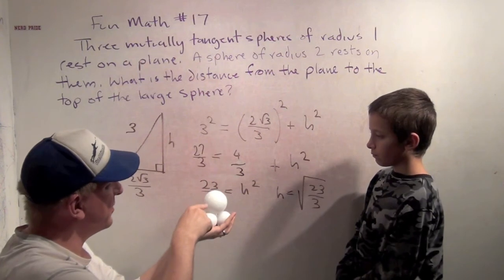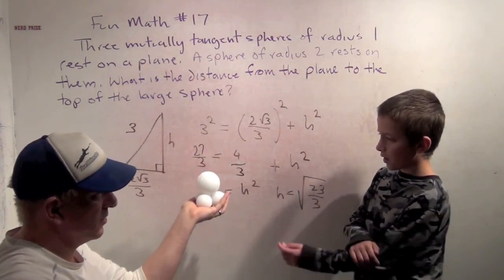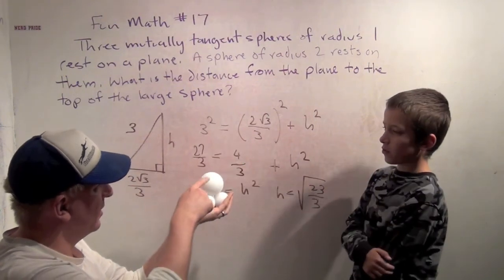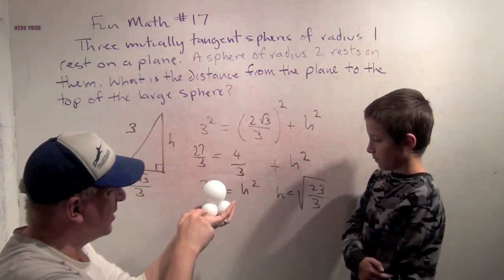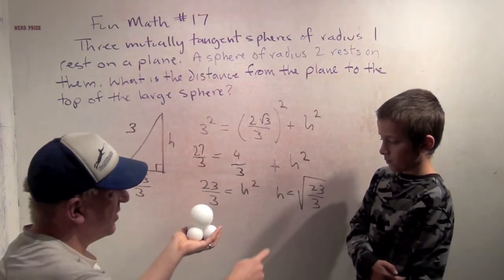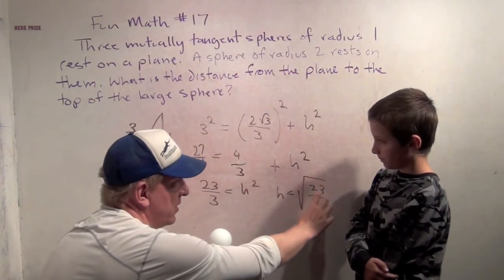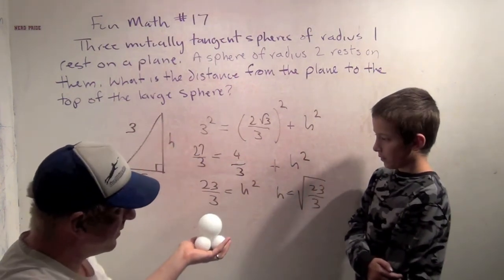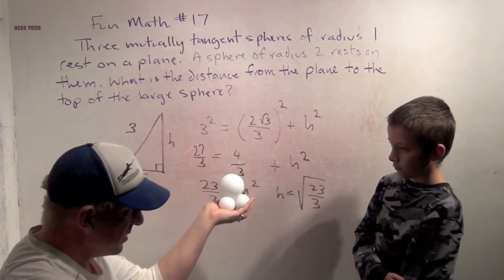And when you go from the center of the big sphere up to the top, how far is that? That's the radius, which was 2. So I have 1 plus 2, plus the square root of 23 over 3. Cool, right? So we actually, using math, can figure out how tall this is.